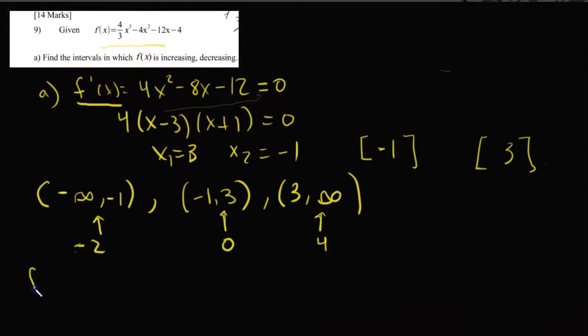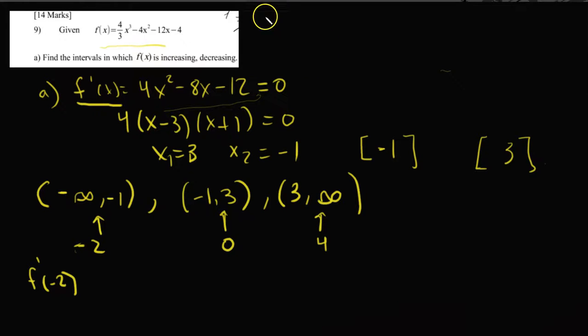Now, what is f prime of -2? Is it greater than 0 or less than 0? Plugging it in, -2 squared is 4, so 16.